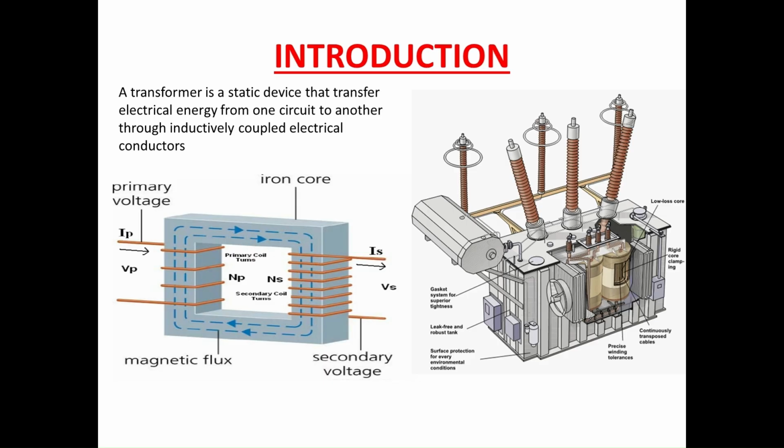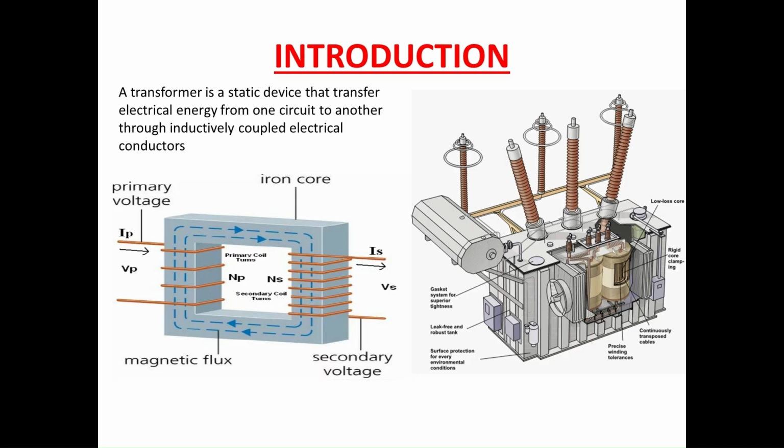As we know, a transformer is a static device that transfers electrical energy from one circuit to another circuit through inductively coupled electrical conductors, and it operates on the principle of mutual induction. Here you will see two different windings, primary and secondary, with a common iron core, and the voltage is stepped up or stepped down based on the requirement.